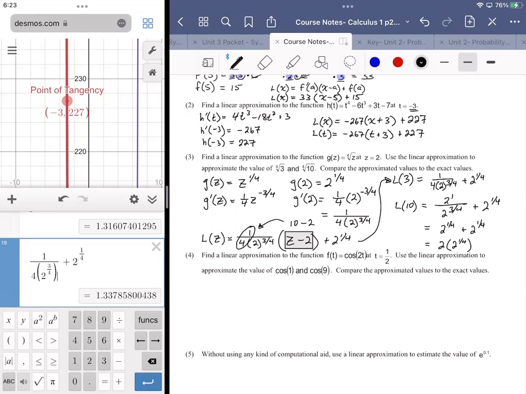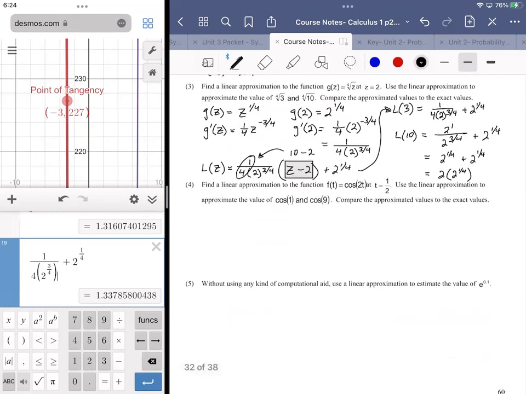Cosine of 1 isn't really anything. It's really just going to give us an answer that's similar to the previous one, where you're going to get an ugly looking answer, but it'll be a pretty decent approximation. If this were like 0 or something, that would be a nice number. So they boxed this in. They said, okay, you're not getting a nice number for this one. You're just getting what you're getting.